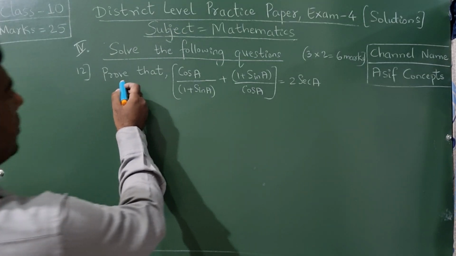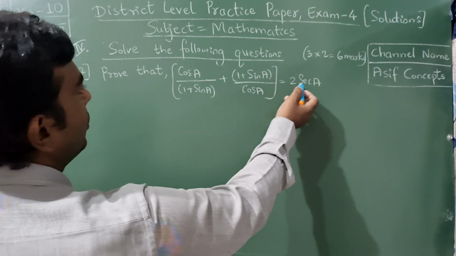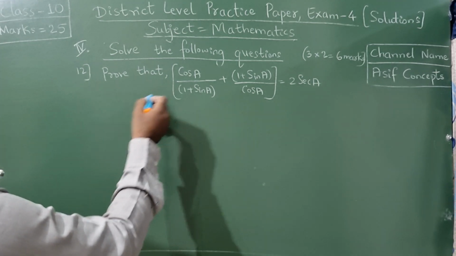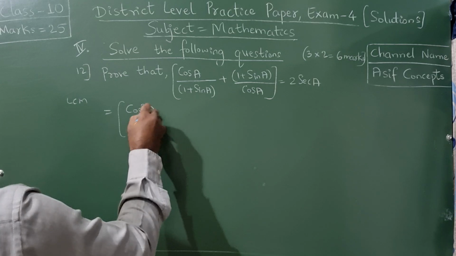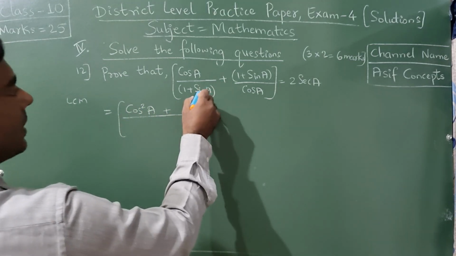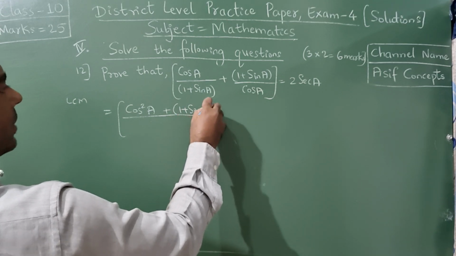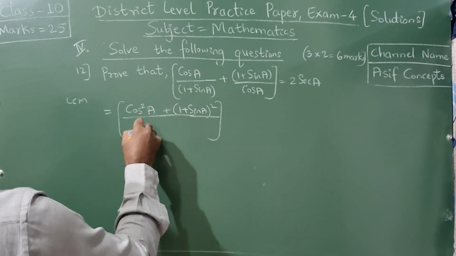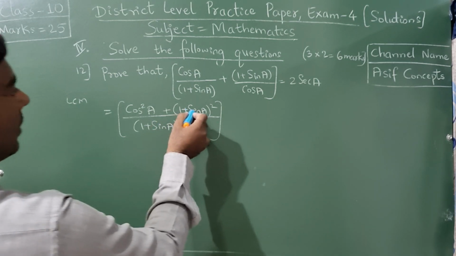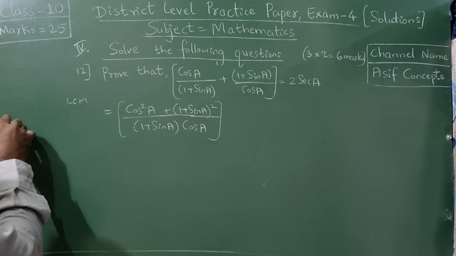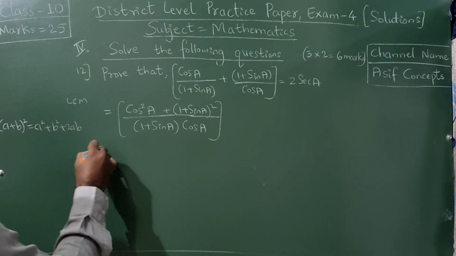Now 12th question. Prove that cos A by 1 plus sin A plus 1 plus sin A by cos A is equal to 2 secant A. This is a 3-mark question. So I'm going to take LCM for this. Cos into cos is cos square A, okay, plus 1 plus sin A into 1 plus sin A is 1 plus sin A whole square, and in the denominator part I must write 1 plus sin A into cos A. Okay, to solve this I am going to use the A plus B whole square formula: A square plus B square plus 2AB.